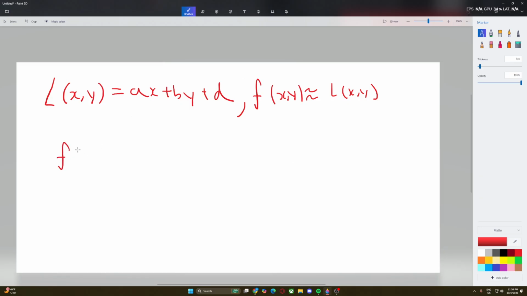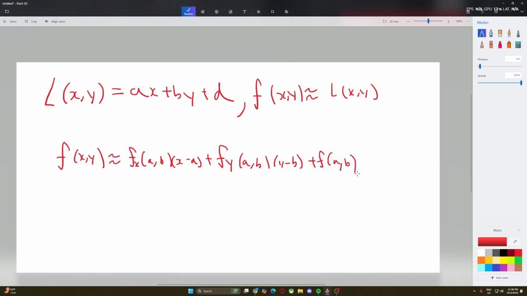So f of x, y is approximately f_x(a, b) times (x minus a) plus f_y(a, b) times (y minus b) plus f(a, b), which is also the z-value, by the way.